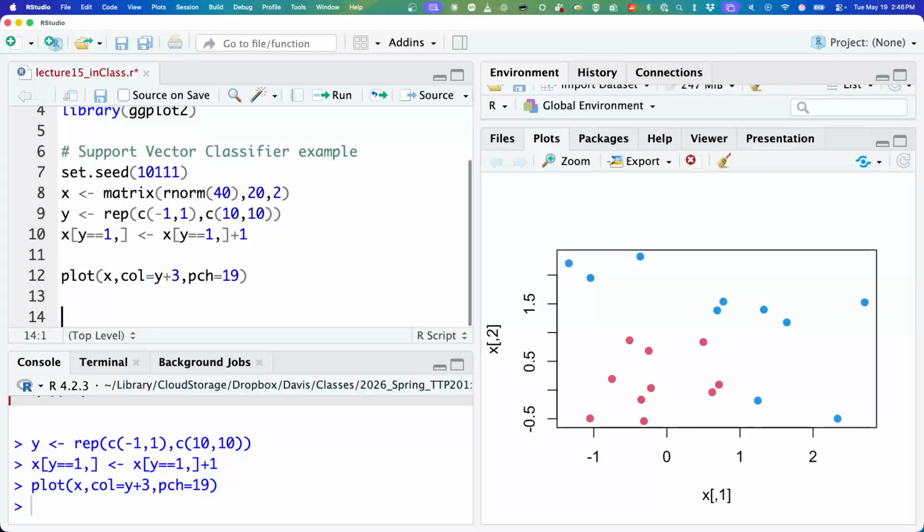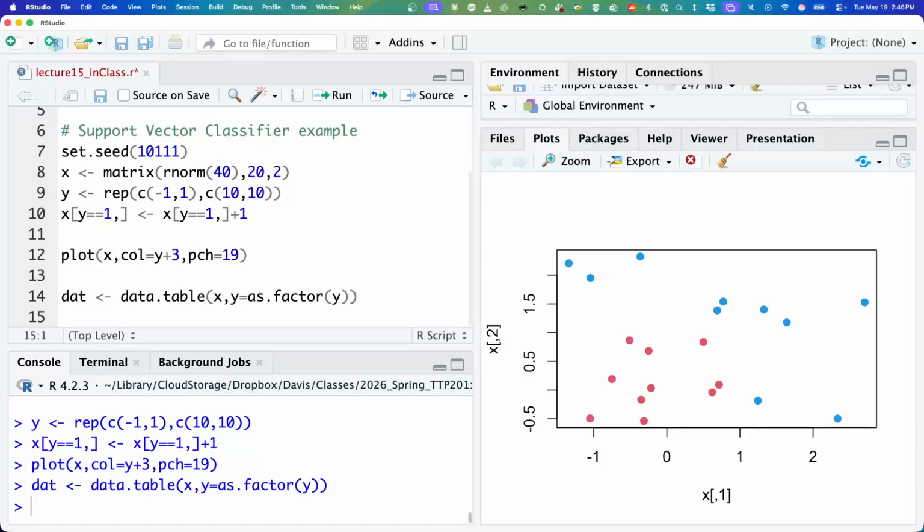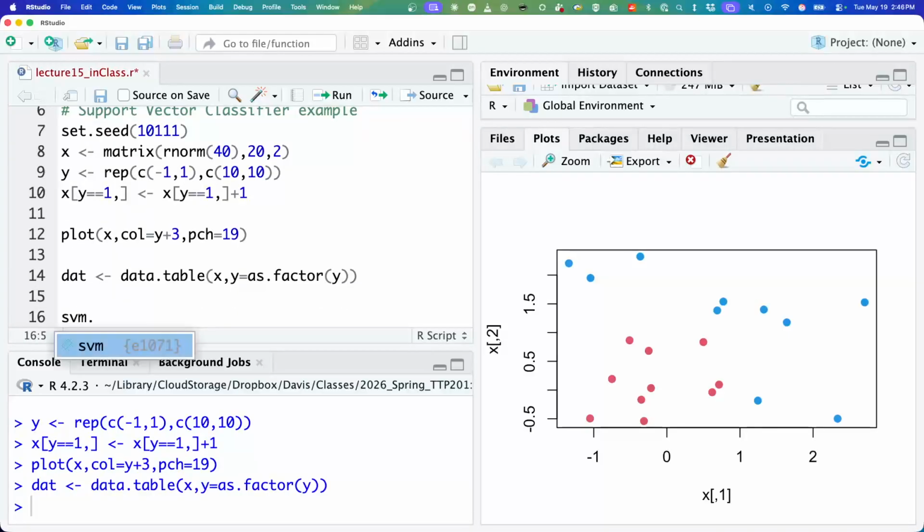So we have a binary outcome, and let's organize this into a data table. And we're going to do a linear fit. So SVM, support vector machine, we're going to regress y on our x's. And that's going to be coming from dat.